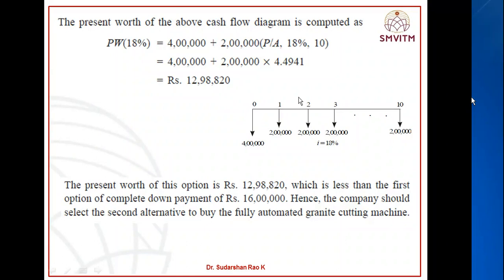Since it is a cost, it should be minimized. Therefore the present worth of this option is 12 lakh 98,820, which is less than the first option, the complete down payment of 16 lakh. Therefore the company can select the second alternative for the fully automated granite cutting machine. Okay, this is the alternative.